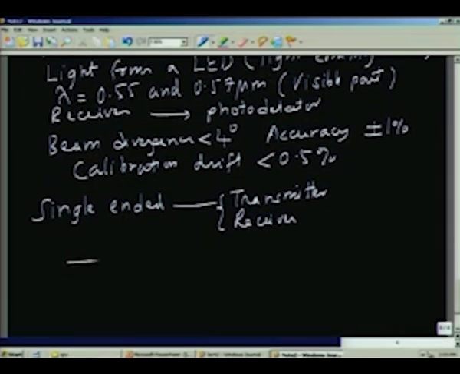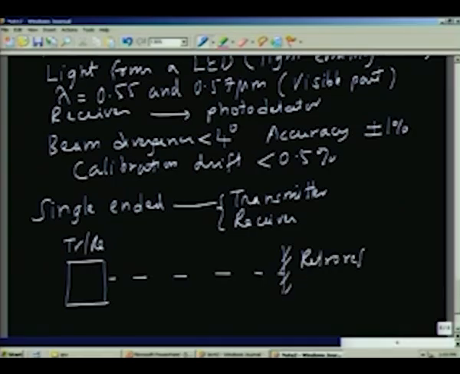You have the transmitter, receiver, and then the beam goes here, and we have essentially a mirror. We call it a retroreflector. A retroreflector is one which will reflect the beam back in the same direction independent of the incident direction. So, the forward beam and the backward beam are just retracing the path.